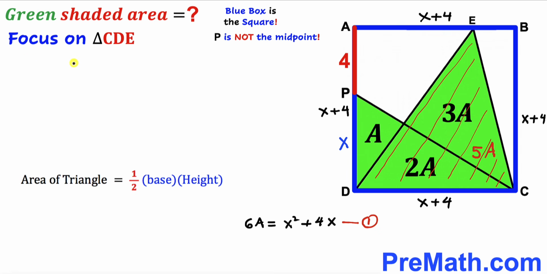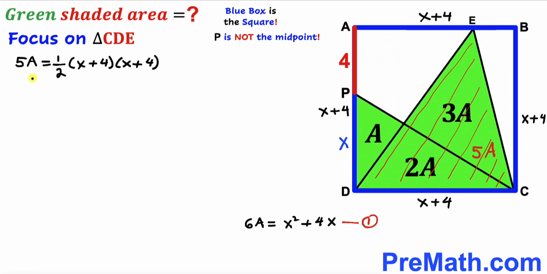So we could write their combined area as 5 times A equals a half times the base X plus 4 and the height X plus 4 as well. If we bring the 2 to the other side, that makes 10 times area A equals X plus 4 times X plus 4 once again.